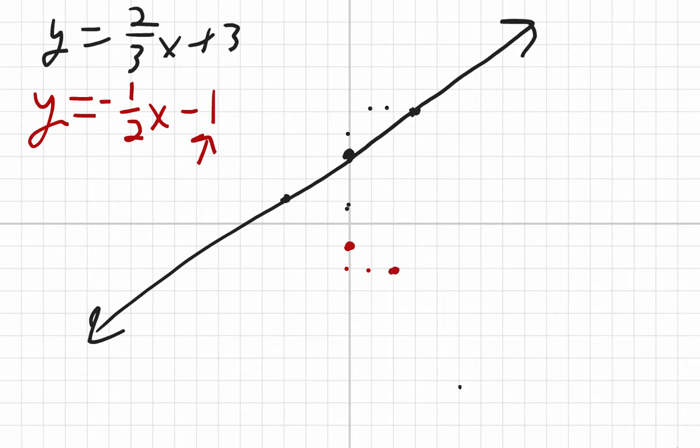Or I can go up 1 to the left 2, make a point, and then once again I would connect those. So if they're not solved for y, you need to solve for y, then you'll know your y-intercept and your slope, and you can graph them from there.